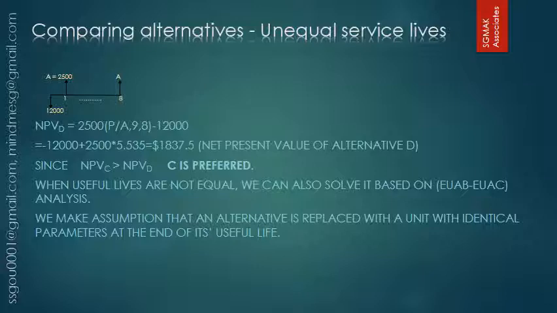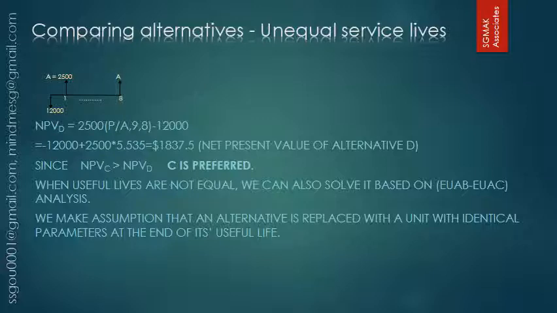When the useful lives are not equal, we can solve based on another approach: equivalent uniform annual benefit, EUAB, minus equivalent uniform annual cost.